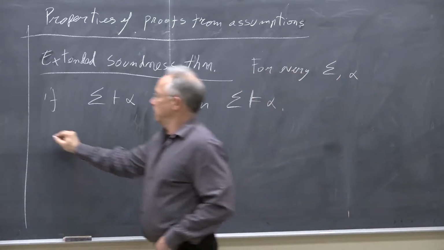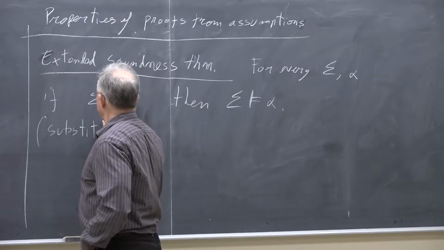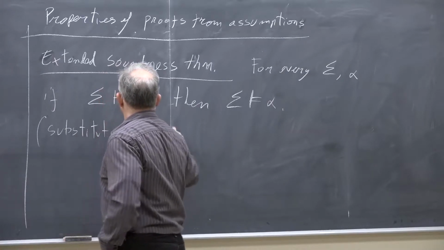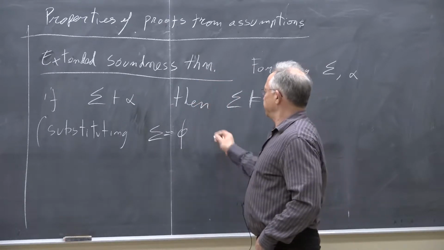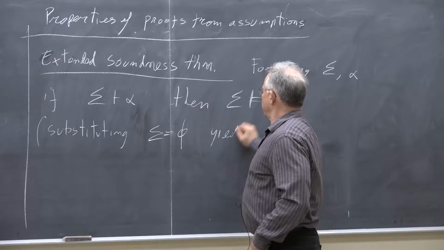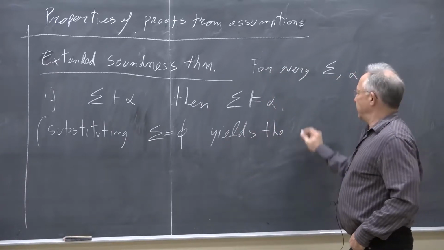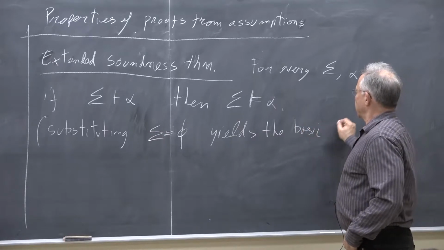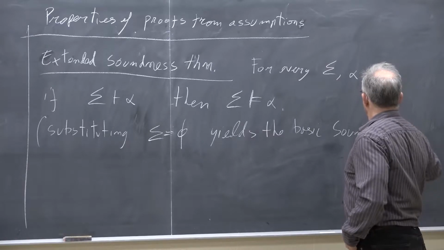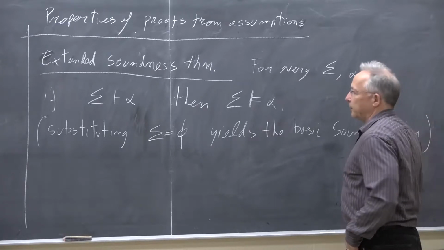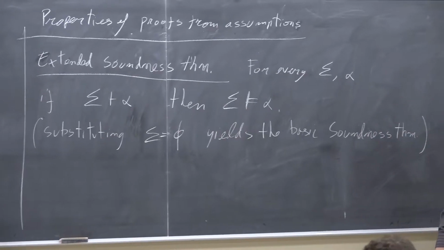So substituting sigma as the empty set yields the basic soundness theorem that we saw last time: if alpha is provable, then alpha is a tautology.